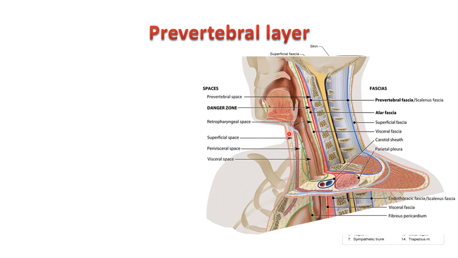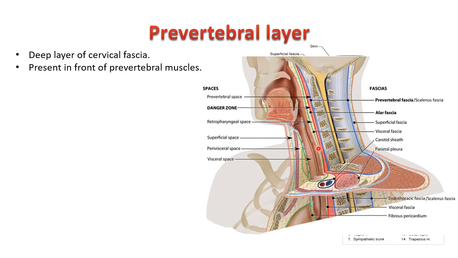More superficially we have seen the investing layer, and then the pretracheal layer. Now posteriorly, what we are seeing in this picture is the prevertebral layer. Since it is present in front of the vertebra and prevertebral muscles, it is called the prevertebral layer.